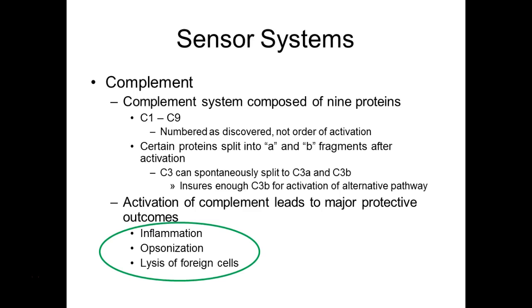When C3b binds to the surface of, say, a bacterial cell, this initiates what we call the alternative pathway of initiation for complement. Remember I may have said before, B for binding, so I always remember C3b, B for binding. It does what we call opsonization. We mentioned this previously.